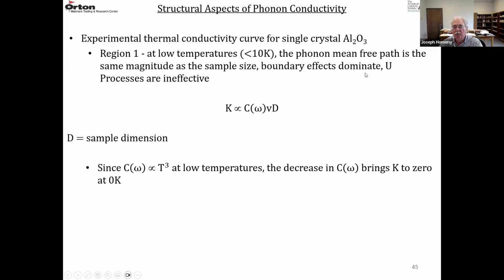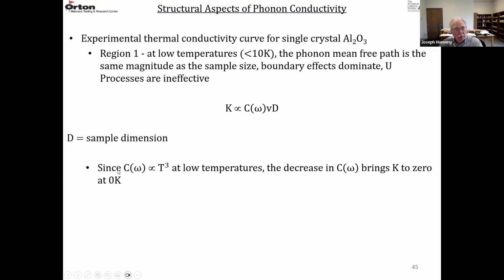The sample size boundaries dominate. U processes are ineffective at these low temperatures. So now the conductivity is proportional to the heat capacity, which is a function of omega, the velocity, and then the sample dimensions instead of the mean free path. D is the sample size.